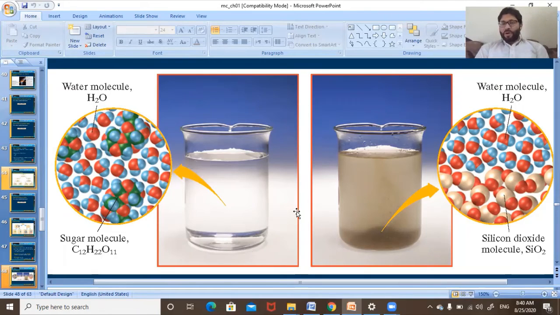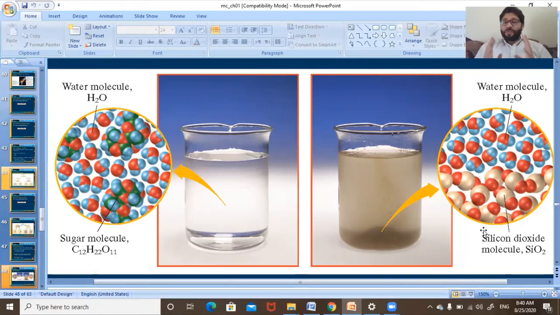homogeneous mixture. While in another case, the same water has scent molecules added. When they are stirred for a while, they disperse in the water. When you keep it, after some time the scent molecules settle down.